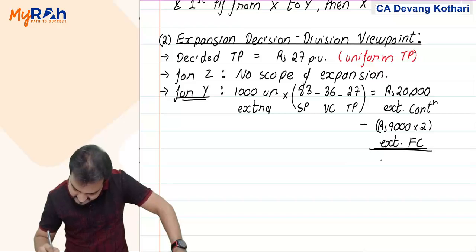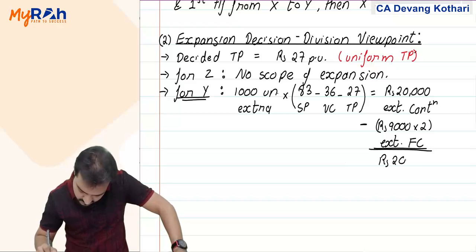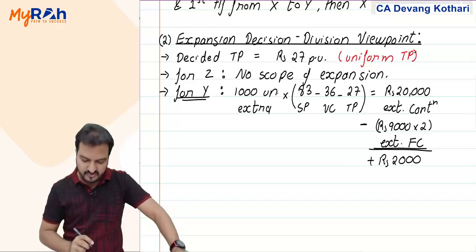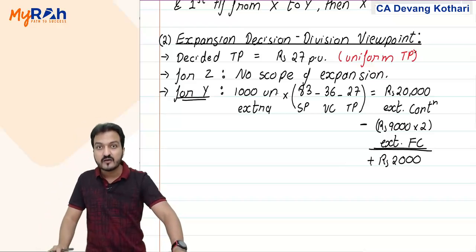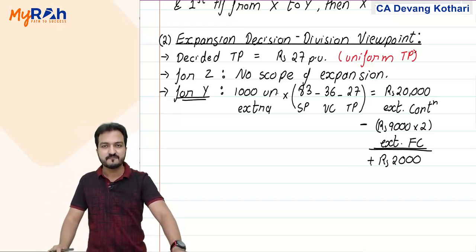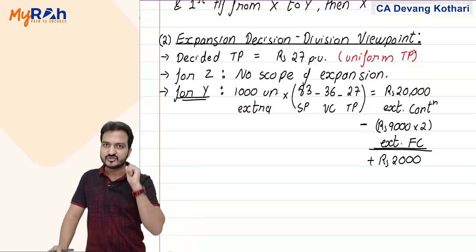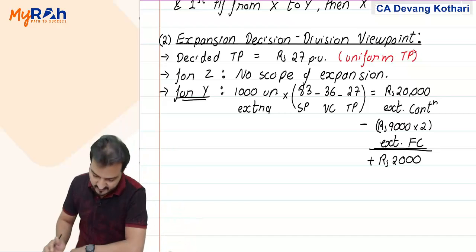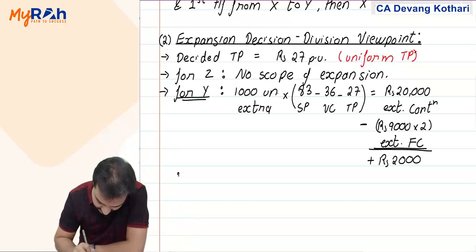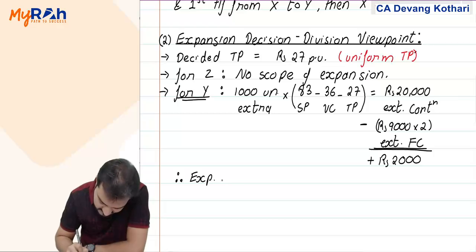Net benefit is still 2,000 positive. So should Y do expansion? Yes. Y should do expansion if it gets material from division X. So I can say here, therefore, for division Y, expansion must be done.